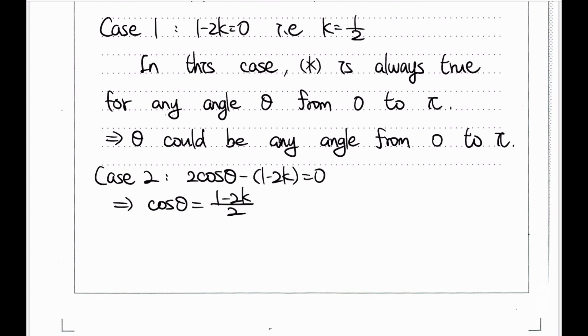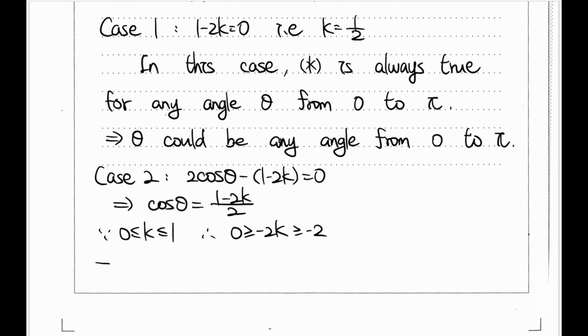To begin with, because k is greater than or equal to 0 and less than or equal to 1, we can multiply this inequality by -2. After multiplying, we get 0 is greater than or equal to -2k, which is greater than or equal to -2. In order to let cosine theta pop out in this inequality, we add 1 to each term and then divide each term by 2.